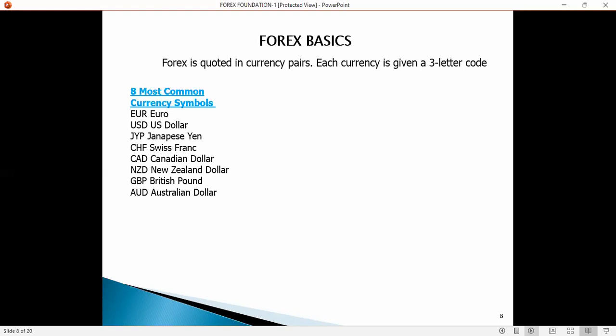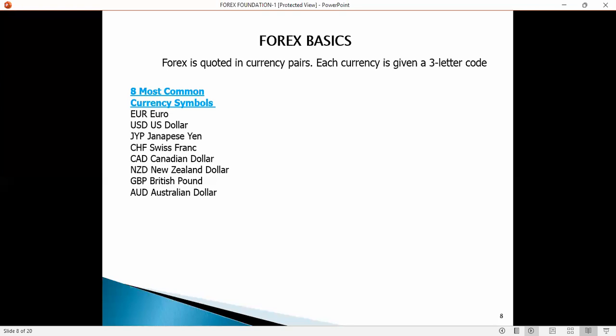For those of you who are totally new to Forex, I'm sure this is not new to those who have attended any of our classes before. Probably you've been trading before. But for those who are new, it is important for you to know that we have 8 most common currency symbols.